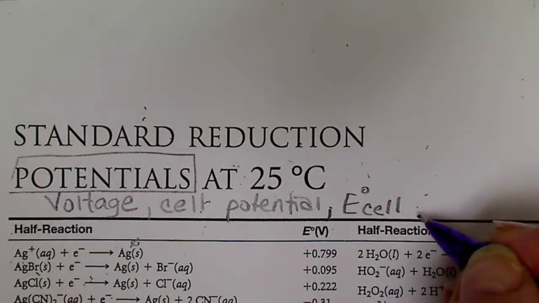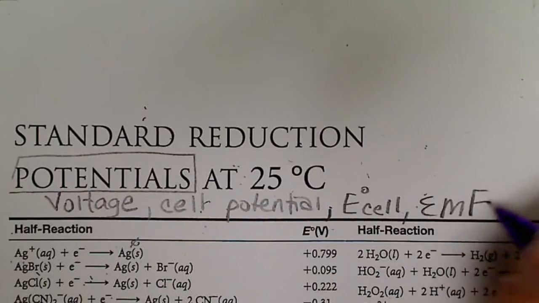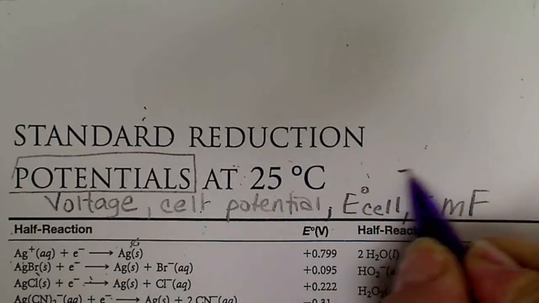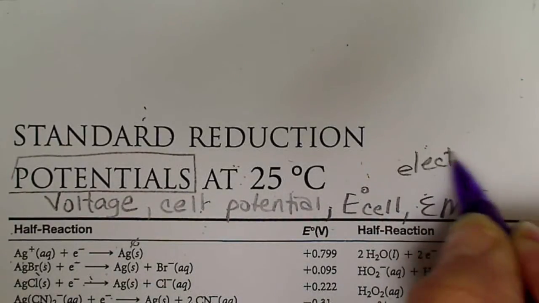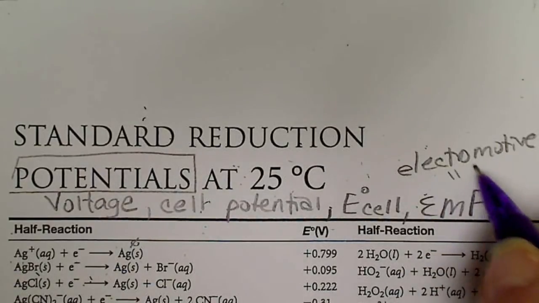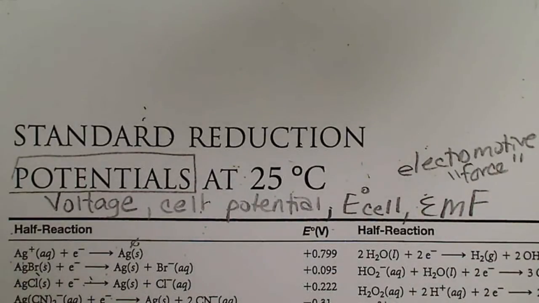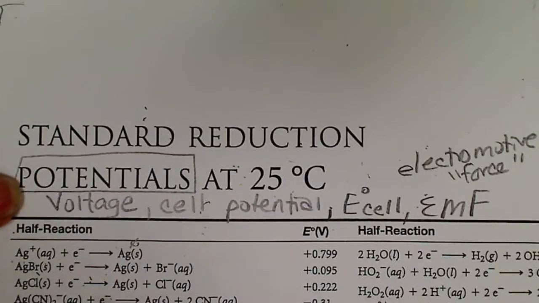We also might be asked for the EMF, and the EMF is electromotive force. In this case, force is not strictly a Newton, the way a force is defined in physics, but there are a lot of terms that describe the same thing.